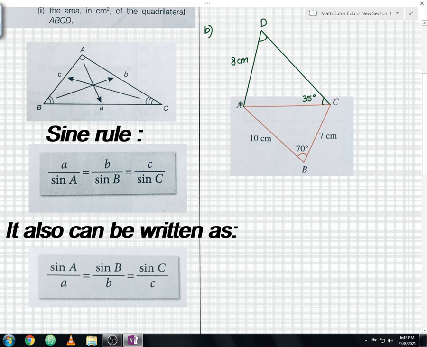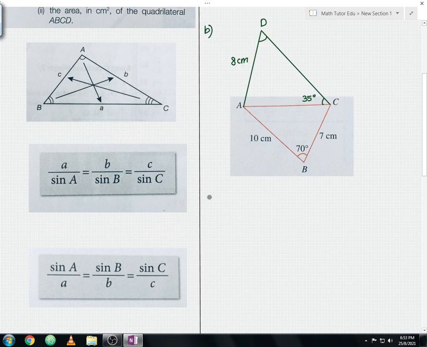So from here, sine 35 degree, you divide with 8 centimeter, it will be equals to sine angle ADC.